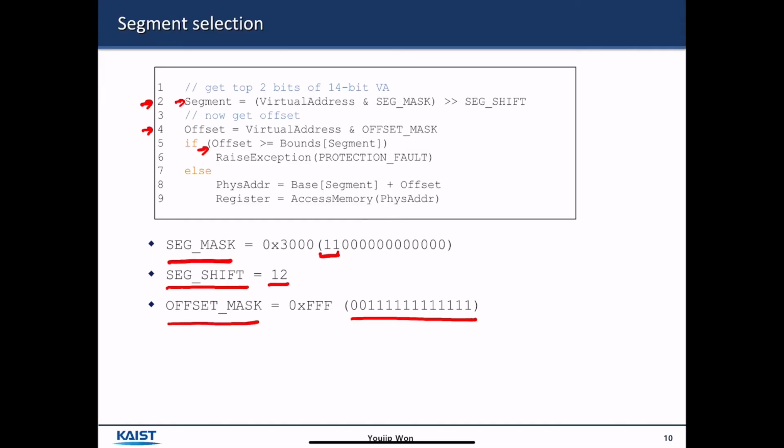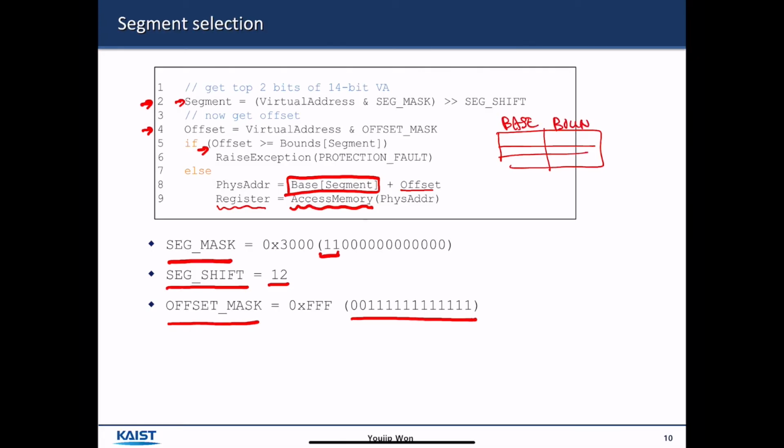If everything is okay, then from the base and bound table, it gets the base address and adds it to the offset, and then it gets the contents from memory into the register. One thing you want to know about is that in this code, the base and bound pairs are stored in an array, and the index is the segment.